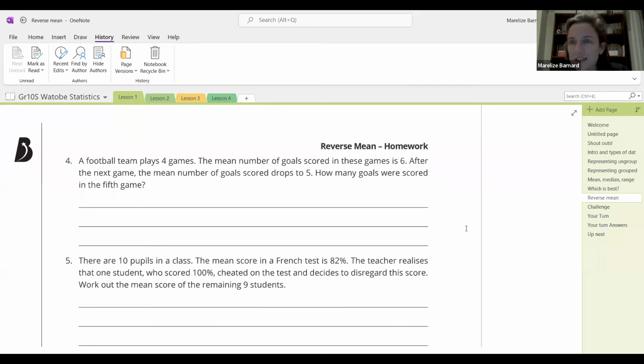Who wants to volunteer their answer for question 4 with the football team? You can go to school tomorrow and feel ready for any challenge that's going to come your way. Those hard questions that come up in exams, not a problem. I think we should get a whole number because it's goals scored. You can't score part of a goal.